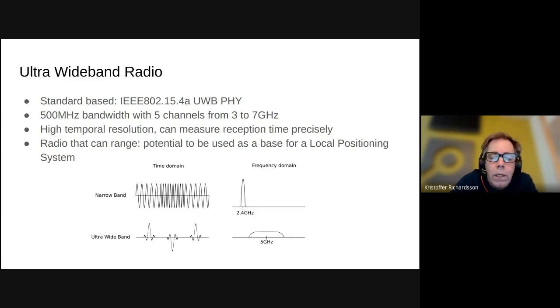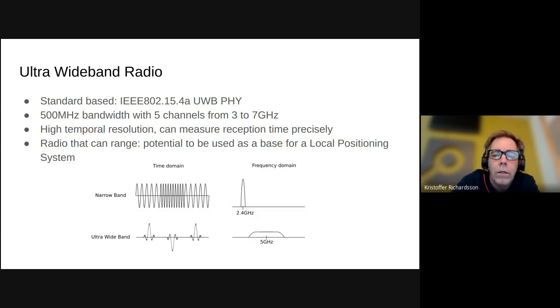And the nice feature with this is that when you transfer to the time domain, you get a very high temporal resolution, which means that if we send a packet from one radio to another one, we can very precisely measure when the packet arrives in the receiver. If you have a narrow band radio, this is not possible, because in the time domain, the information is going to be smeared out over a longer period of time.